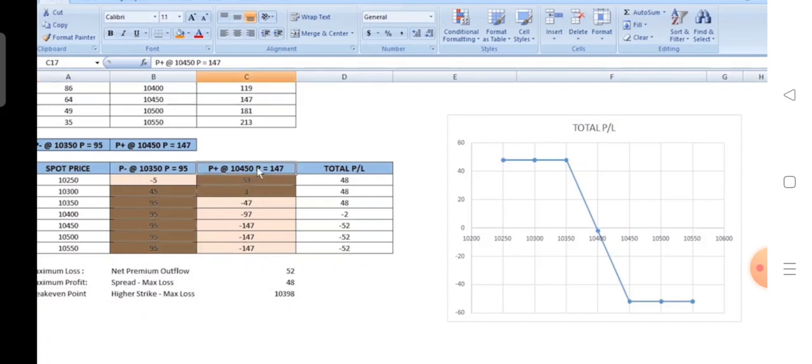So 10,450 minus the maximum loss of 52 rupees gives 10,398. So at 10,398, our P&L will be 0. As the spot price falls below 10,398 on expiry, we start incurring a profit. Thank you.